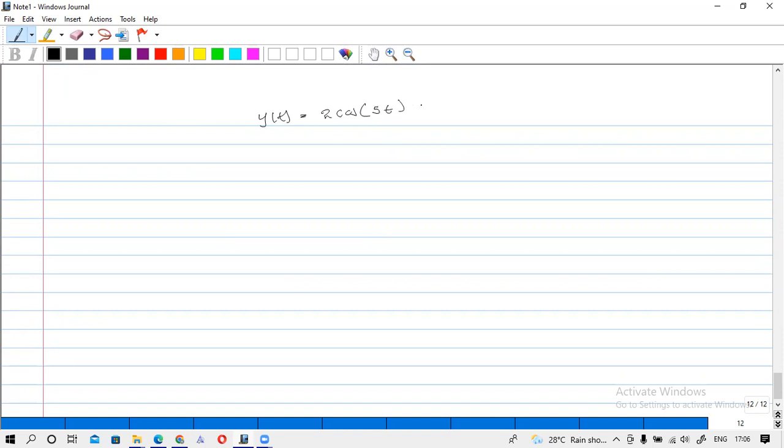Please use the Euler formula and try to find the corresponding exponential terms. You will get two coefficients, a1 and b1. Actually, you should be able to do this kind of question in your mind, no need to use paper. Very simple. Please do this.